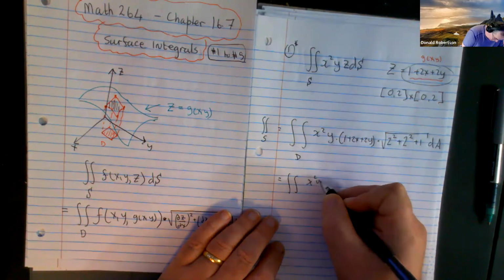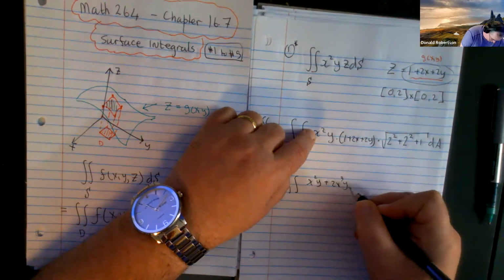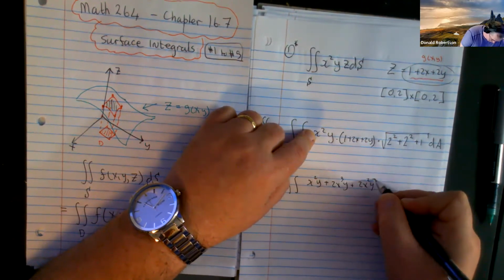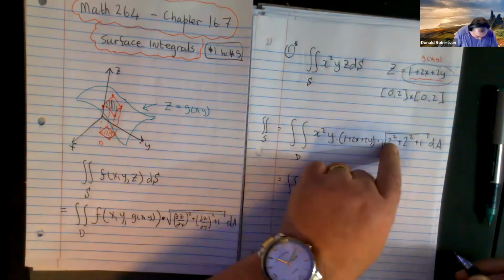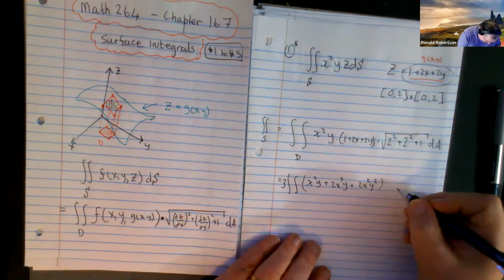So it's going to be x squared y plus 2x cubed y plus 2x squared y squared. That's the square root of 9, which is 3, so I'll just pull it out here.